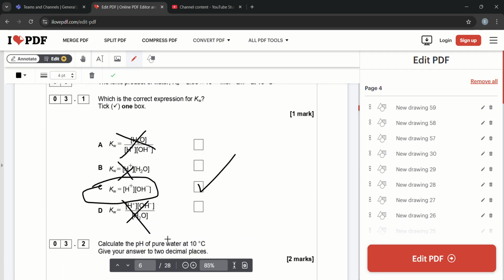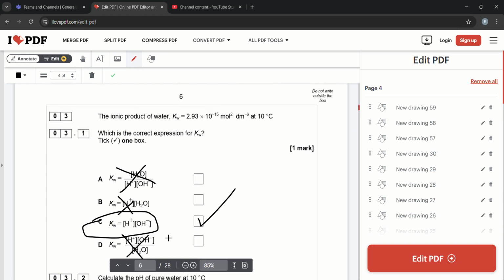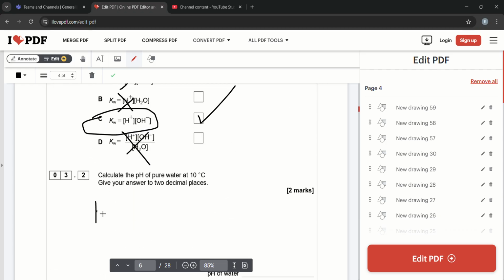Calculate the pH of pure water at 10 degrees Celsius. How would we do this? Well, we know this is the correct expression, Kw equals H plus times OH minus.